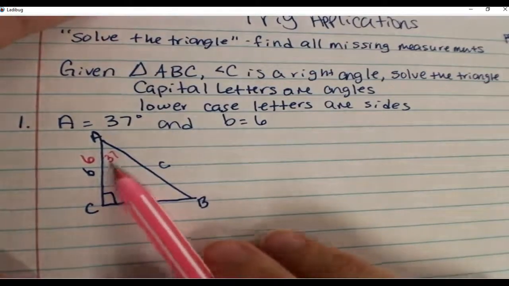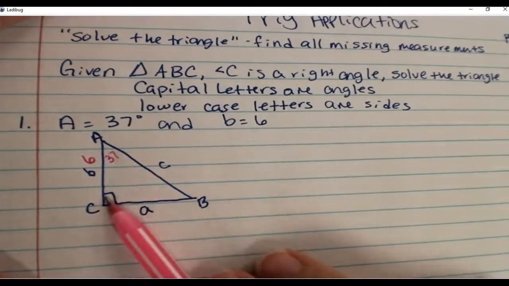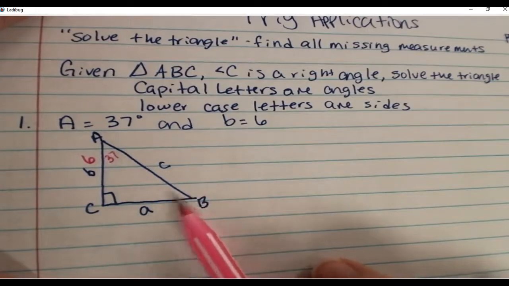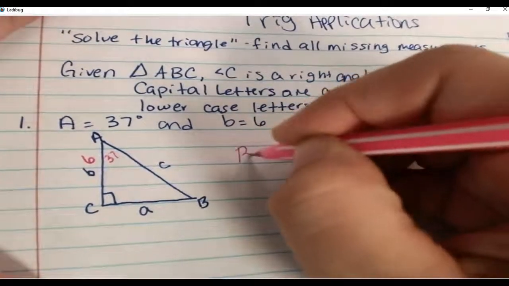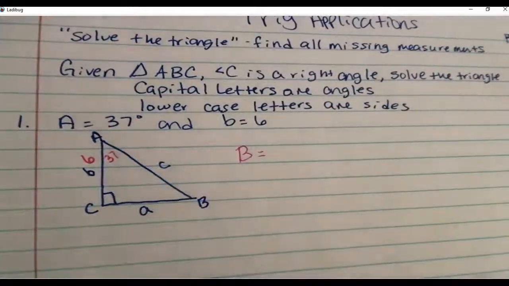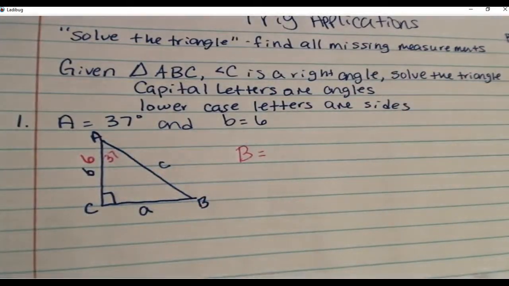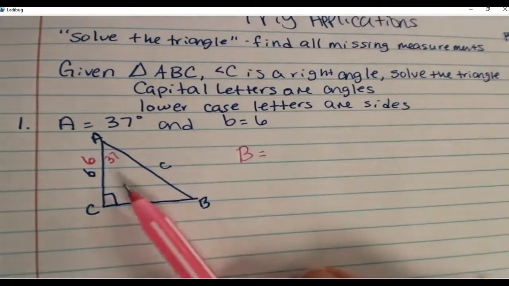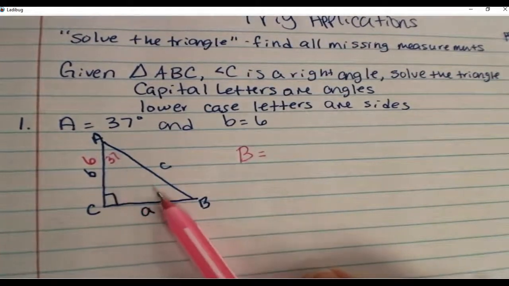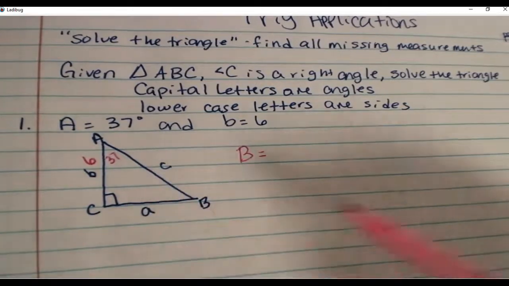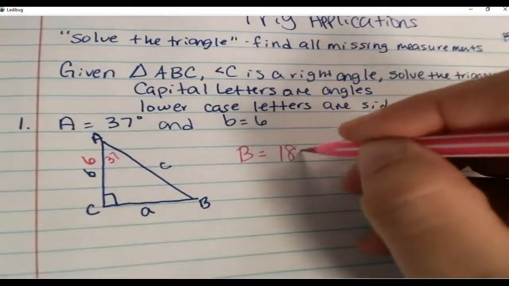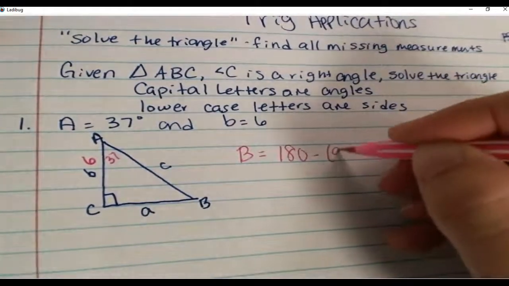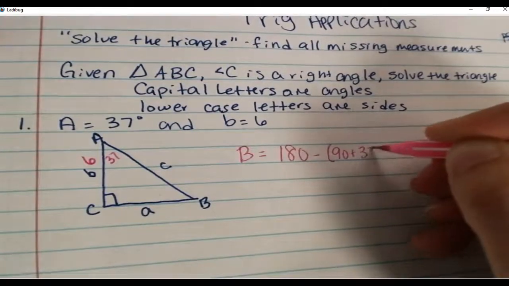If I'm looking at my angles, I have big A, I have big C, so I need to find big B. How can I do that? Good. I know all of my angles have to add up to be 180. So I can do 180 minus 90 plus 37.